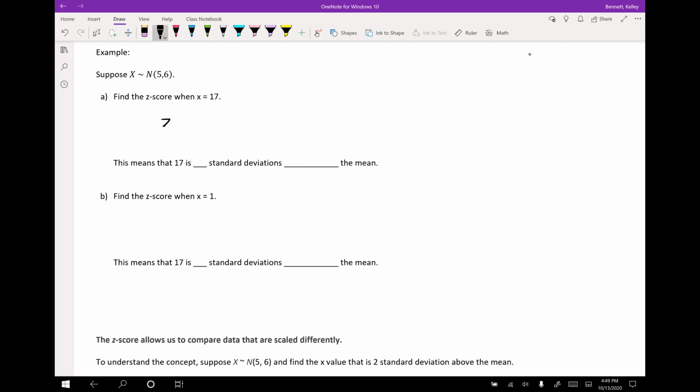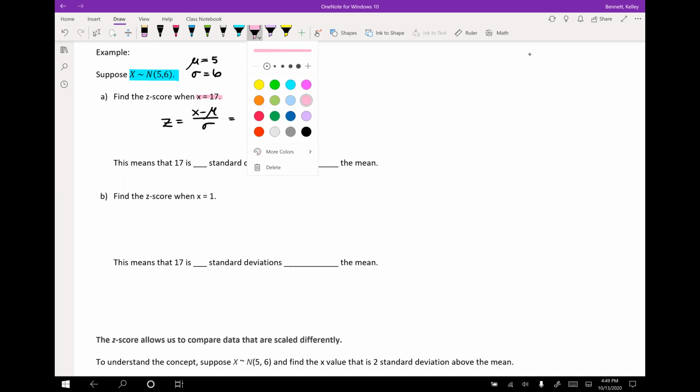So we always have Z equals X minus mu over sigma. We have that mu equals 5 and sigma equals 6. And they're giving me that X is 17 for this case.